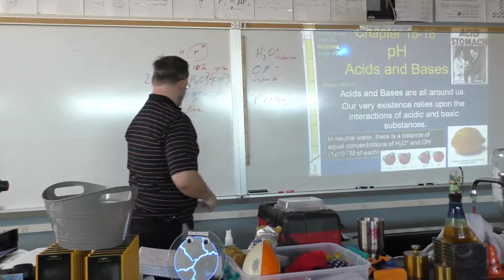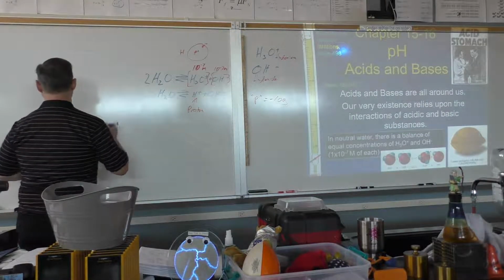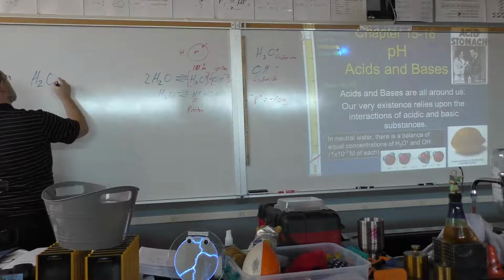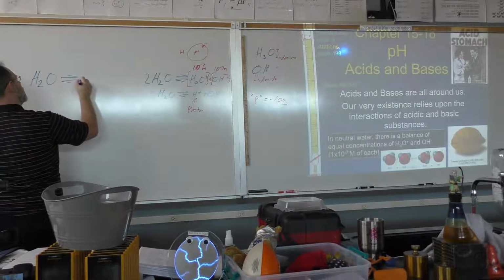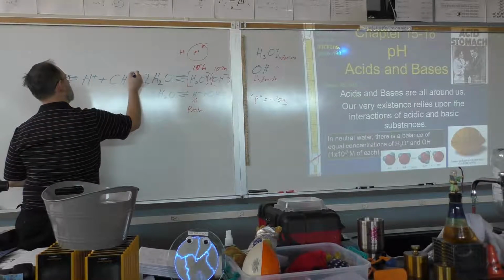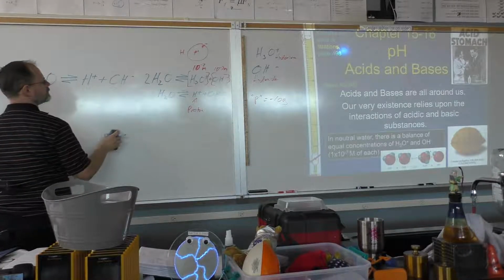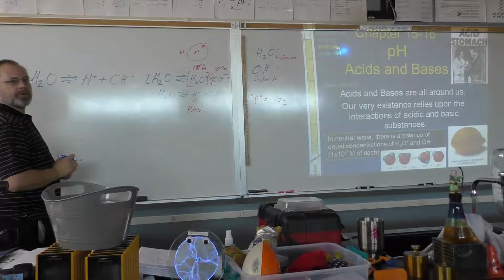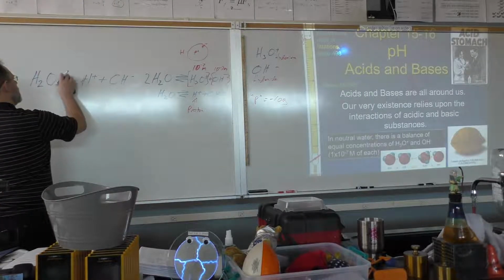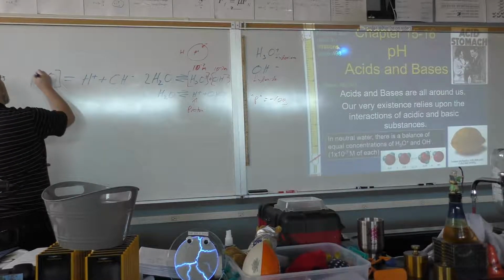If you took this relationship, I'm going to make it bigger, so I'm going to start over here and say H2O is in equilibrium with H plus OH minus. So far so good? Now, let's get rid of the equilibrium sign and write an equal sign. And then put brackets around everything.